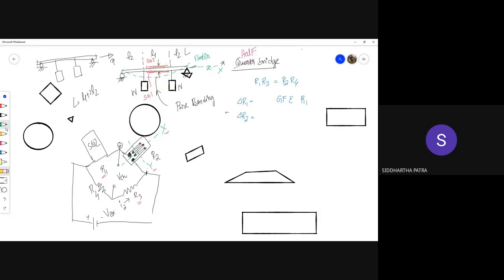Delta R2 is gauge factor times the strain times R2, and this one is a minus.